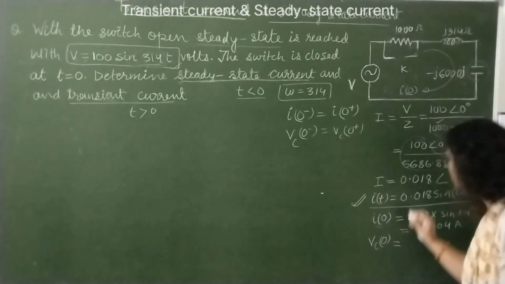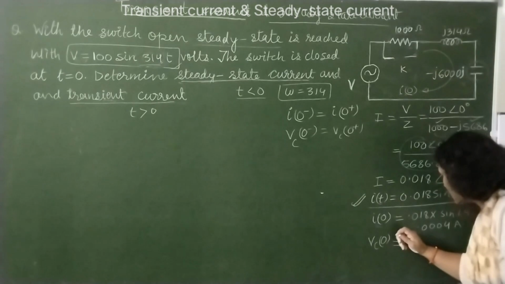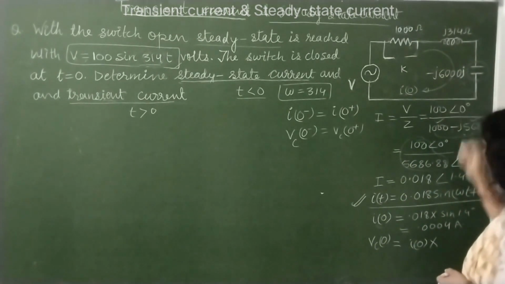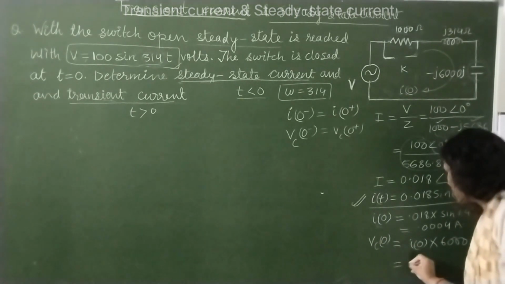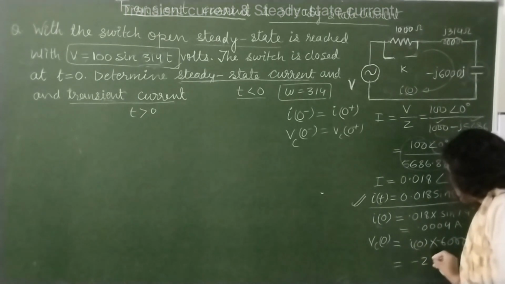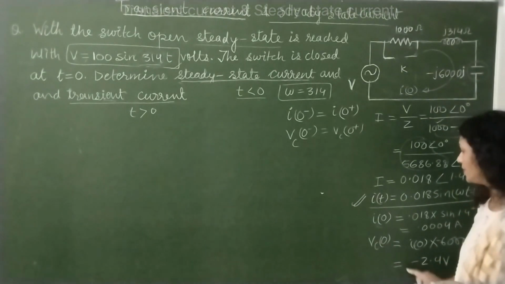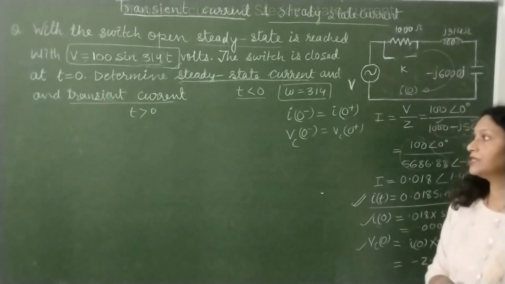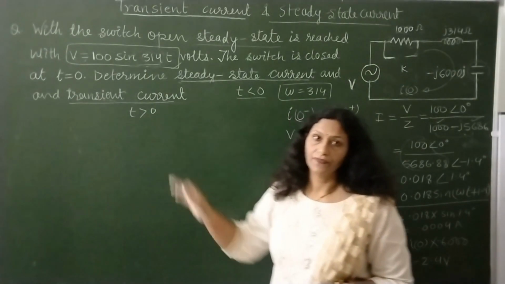So VC0 is the voltage drop due to this current. I can write it like this: I0 multiplied by the reactance, that is 6000, so it is minus, since it is a capacitive reactance, minus 2.4 volts. This is VC0. In this way we get the values of the two initial conditions, which we will use in finding the transient current equation.